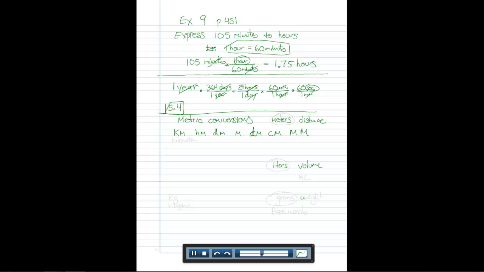And in the weight world, it's grams. And you're used to hearing kilograms the most, and kilograms would be right there. You're used to hearing milliliters the most. Milliliters would be right there. Here's the great thing about the decimal world.